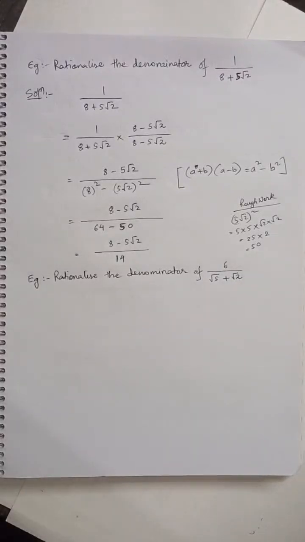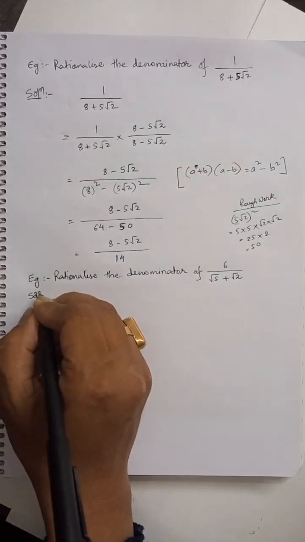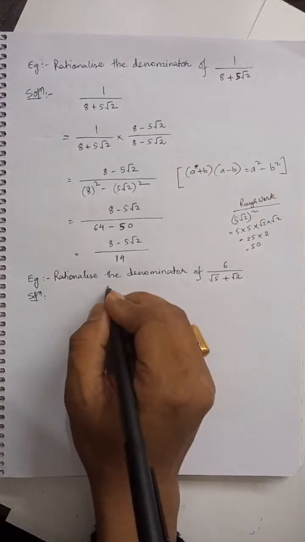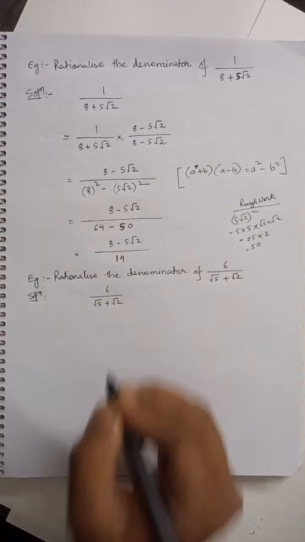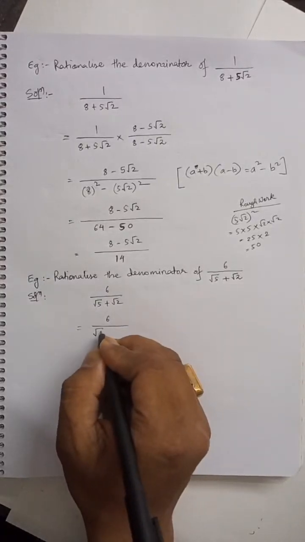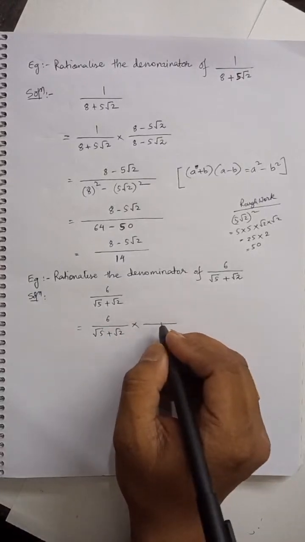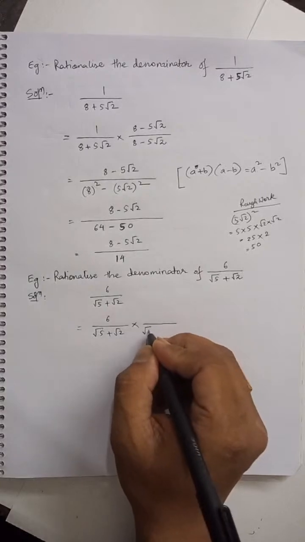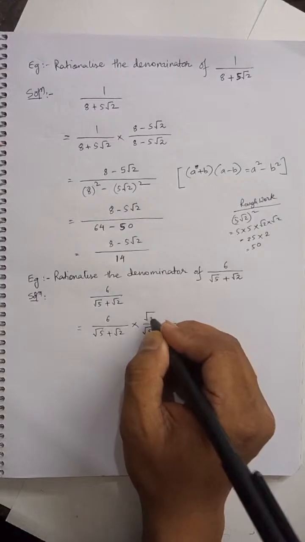So the next question is rationalize the denominator of 6 by root over 5 plus root over 2. Whatever we have, we are going to follow the same rules. So we'll write 6 by root over 5 plus root over 2. As we have root over 5 plus root over 2, we'll multiply it by root over 5 minus root over 2, and the same for the numerator as well.